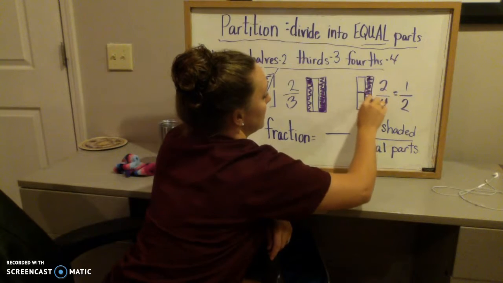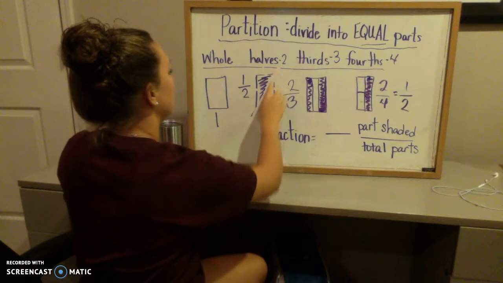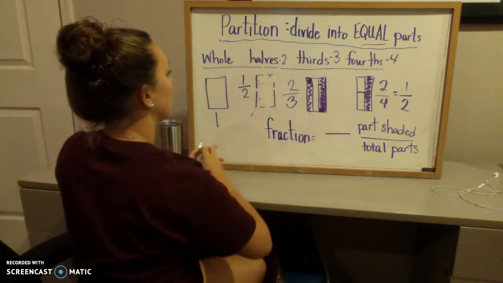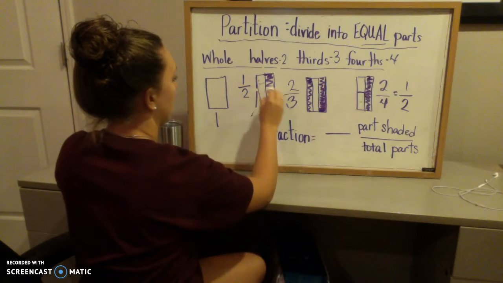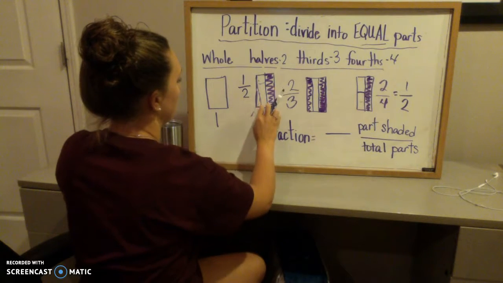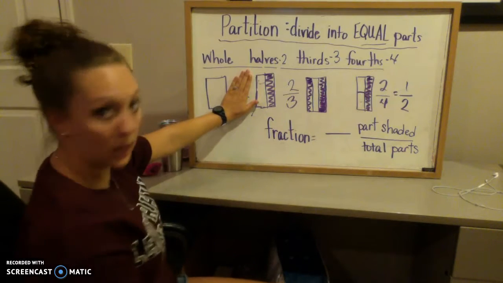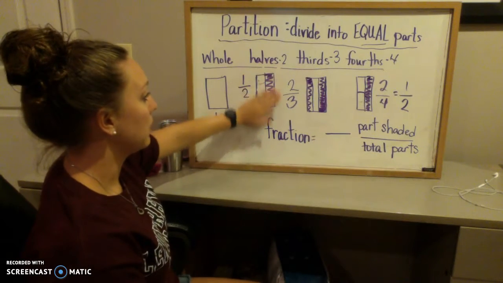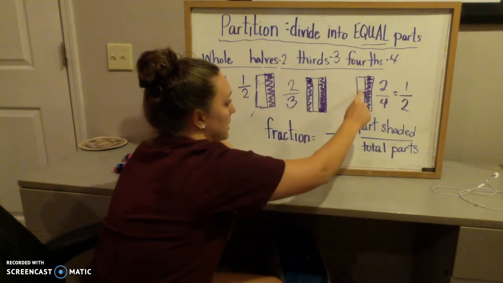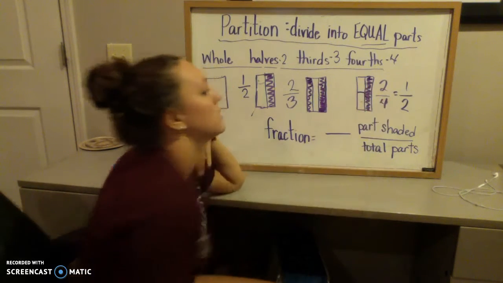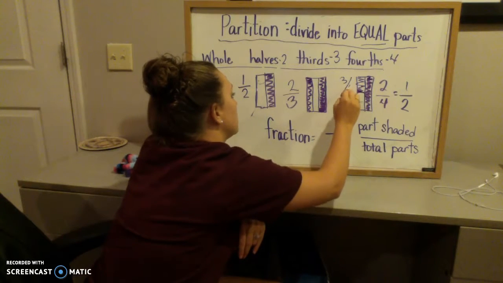Because let's say I did this one. Are these the same? Yes, right? The same amount of area is shaded. So this one could also be 1/2, but since it has 4 parts, we're going to say it's 2/4. If I colored in one more, it would make it 3/4.